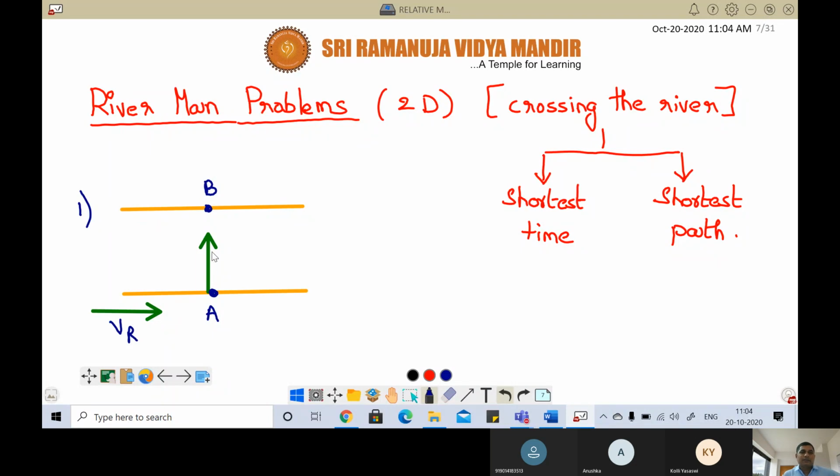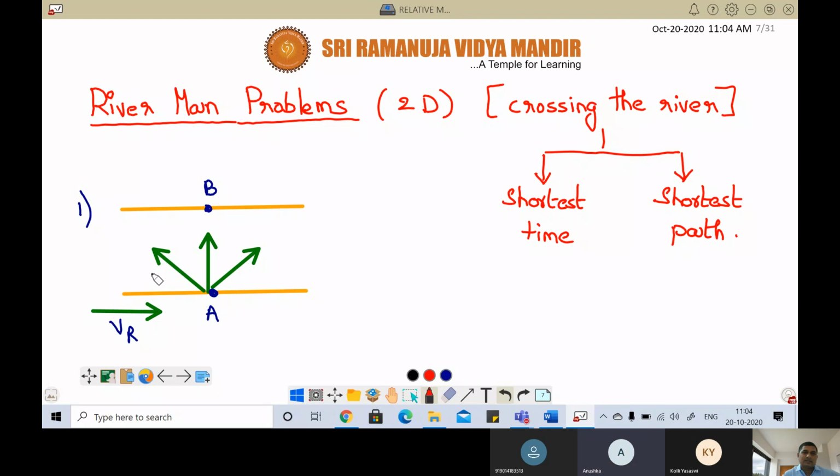If he travels in this direction, or this direction, or this direction, out of these 3, in which direction should he head to reach the other bank, the point B, in the shortest time?